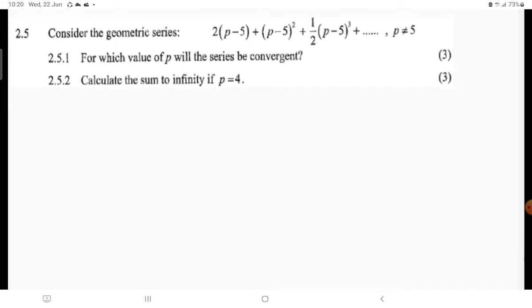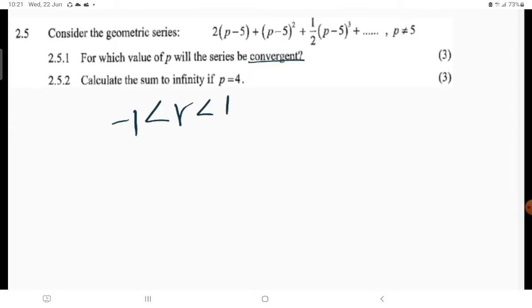So what do we remember about the word convergent? For the series to converge, the value of r, which is the constant ratio, must be between this interval. When r is between -1 and 1, then the series converges. So we can call it convergent.